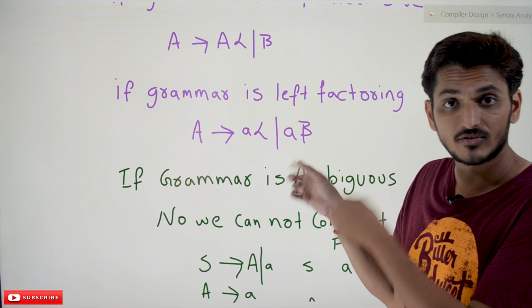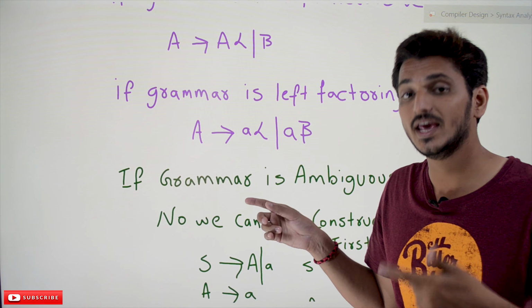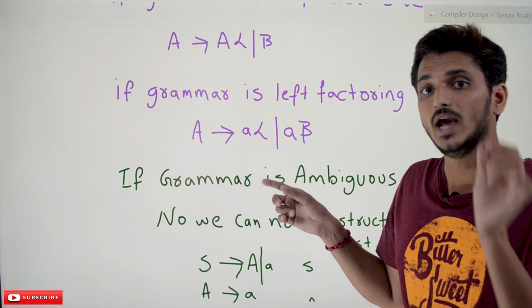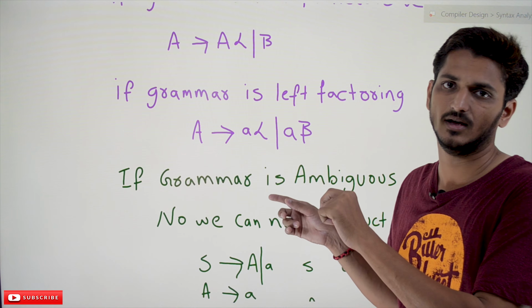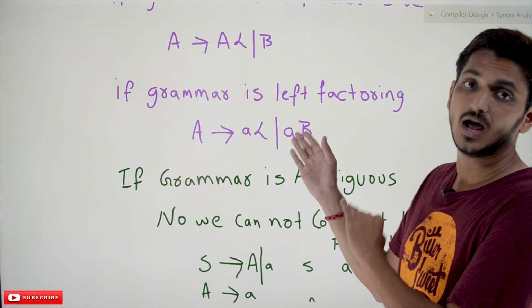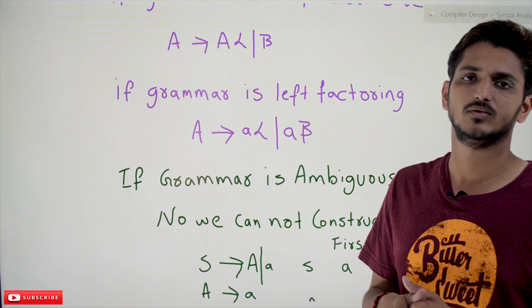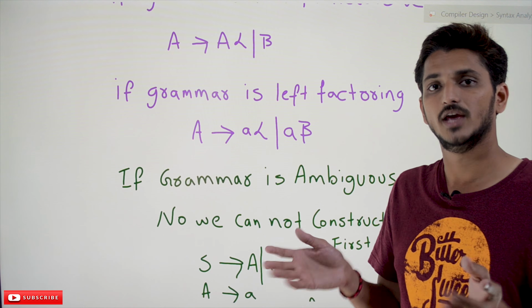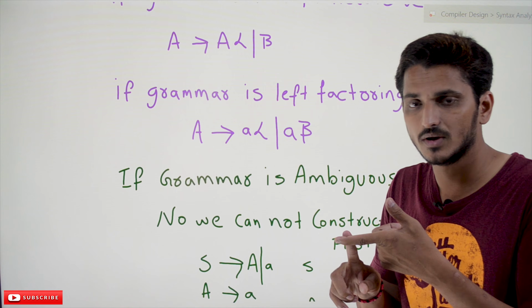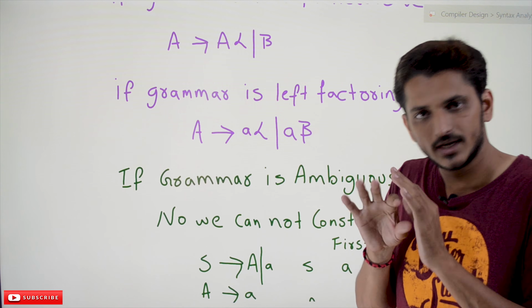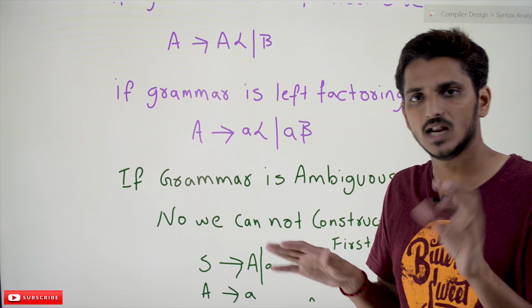So if it needs left factoring, we have a procedure to eliminate it. So eliminate left factoring and construct the table. It may or it may not work. We don't know. We have to check. If two productions are coming to the same block, we are not able to construct the LL1 table.